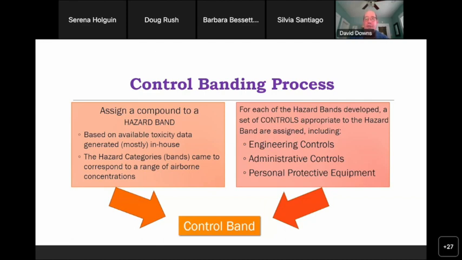For each of the hazard bands that are developed, a set of controls would also be assigned to each of those bands. That would include the full range of things, including engineering controls, administrative controls, and PPE perhaps, for a particular band. And we'll take a closer look at what that looks like as well.